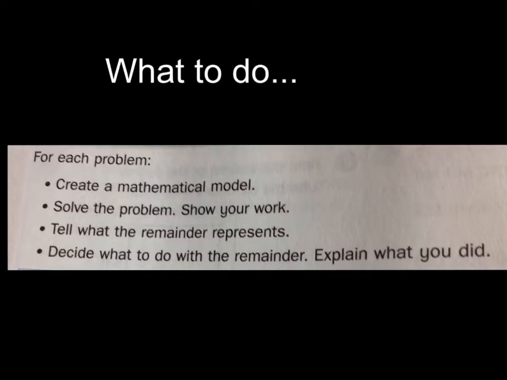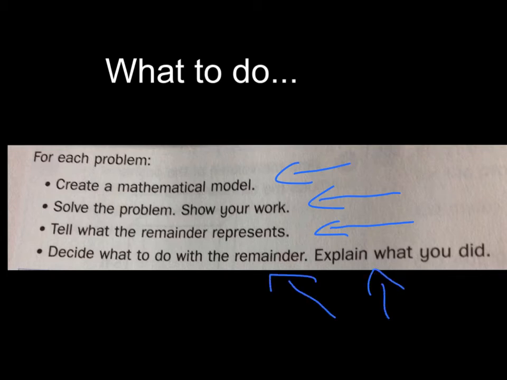What we need to do for each question is create a mathematical model, solve the problem showing our work, tell what the remainder represents, like the last case where we explained that the remainder could represent one soccer player who doesn't have a team because he didn't split into the teams equally and would sit on the bench until someone is ready to substitute for that player. And then decide what to do with the remainder, and of course explain what it is that we're going to do. So let's start with the first question.